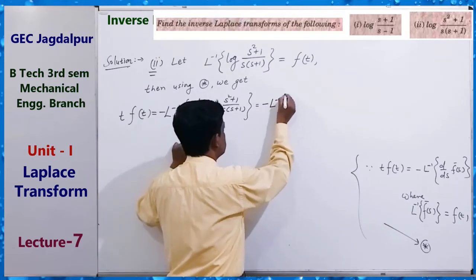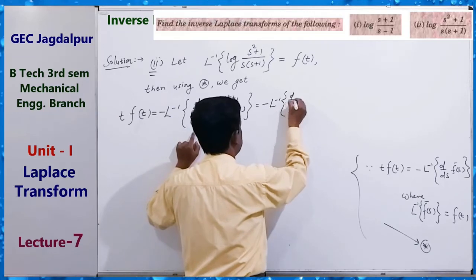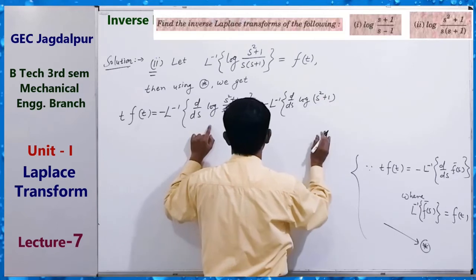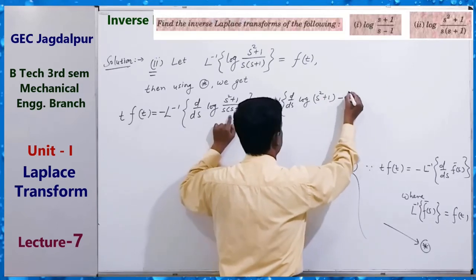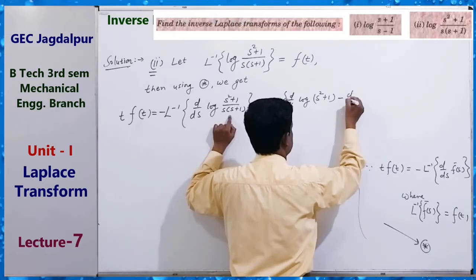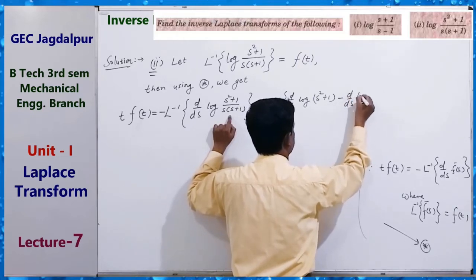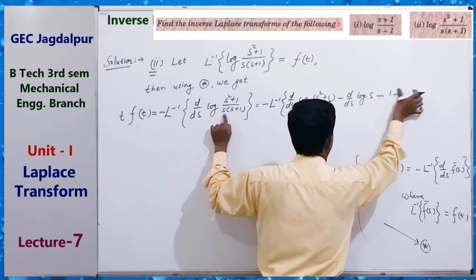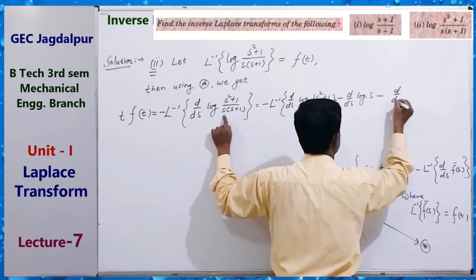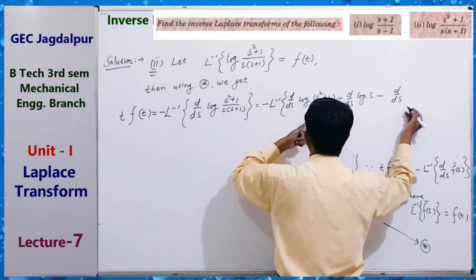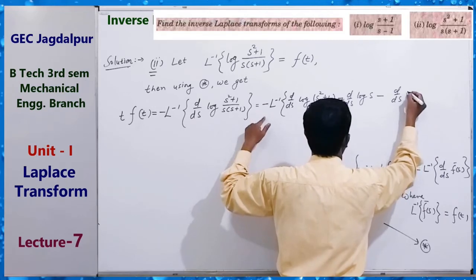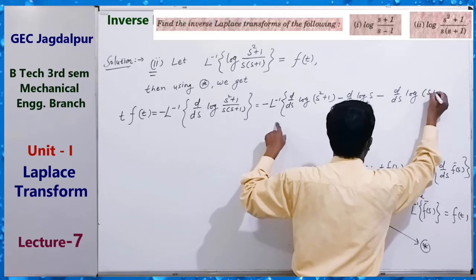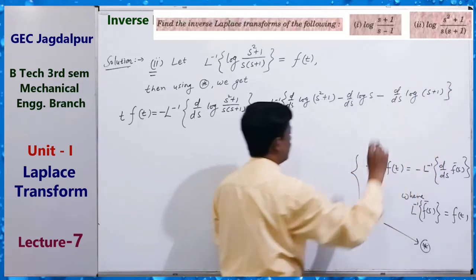Minus of L inverse, three parts. First part: d by ds of log of (s square plus 1), minus d by ds of log of s, minus d by ds of log of (s plus 1). Okay, these are the three parts.